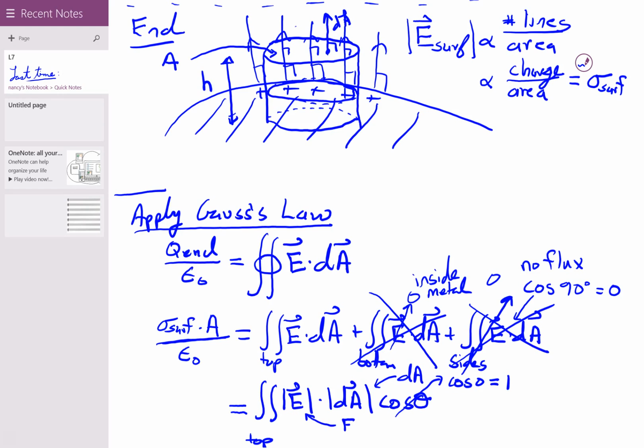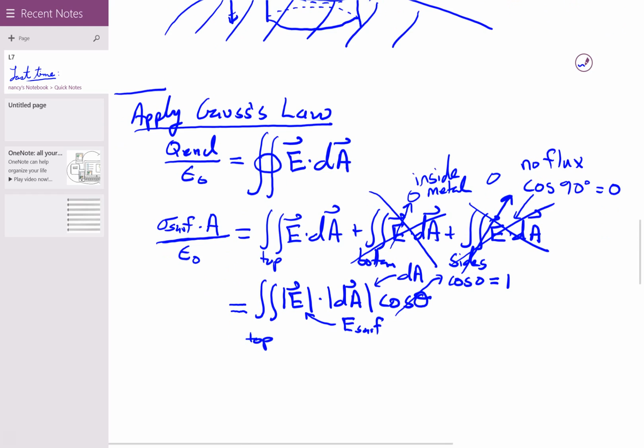So let's write that for short as E surf with no vector on it, because I mean that to be a magnitude. Now, having considered all the quantities, I can finish off my integral. So I've got the integral over that top surface of the magnitude of the field at the surface. The cosine theta went away, and it's just an integral of dA.